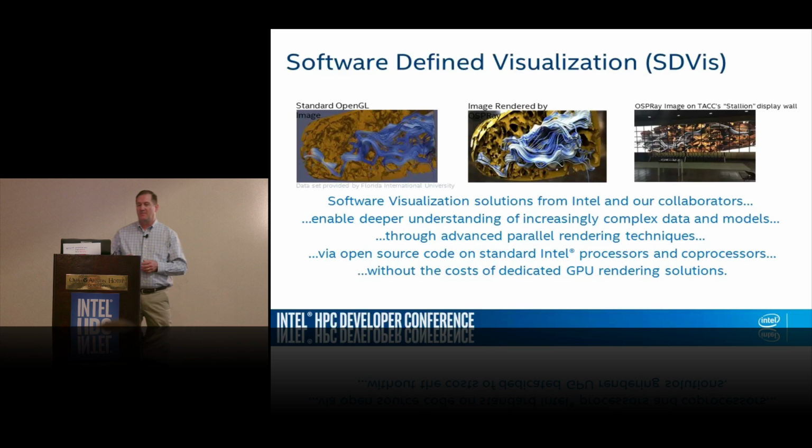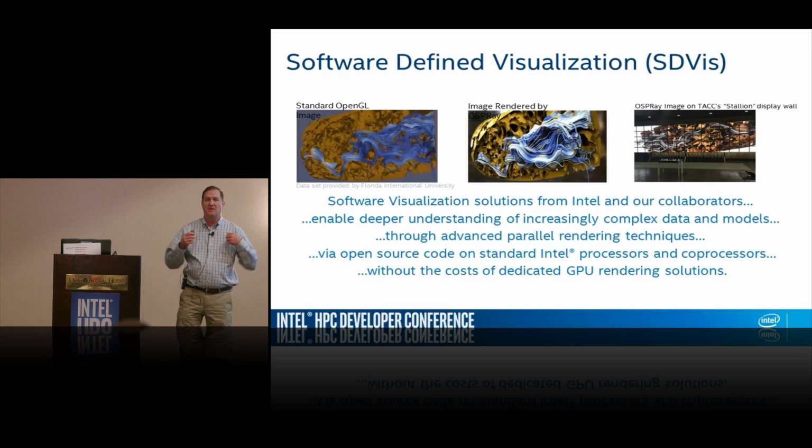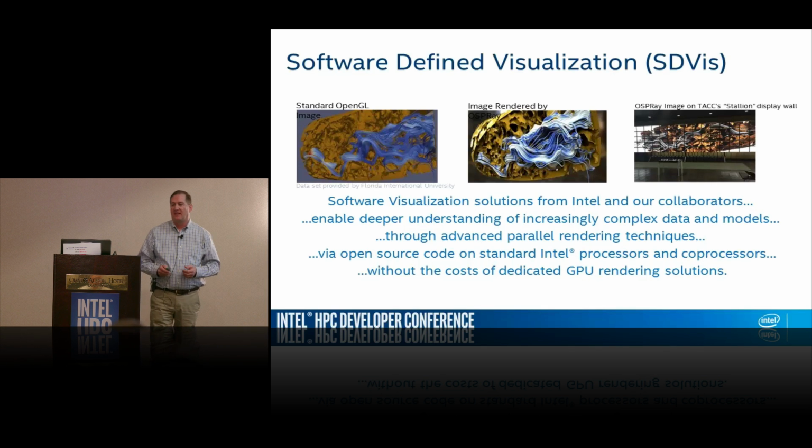And then finally, without the costs of a dedicated GPU rendering solution. And by cost, we not only mean dollar cost, but the cost of moving data and managing those systems. And basically, if they're GPUs really meant for visualization only, then you're not taking advantage of the compute capability of the associated processors.